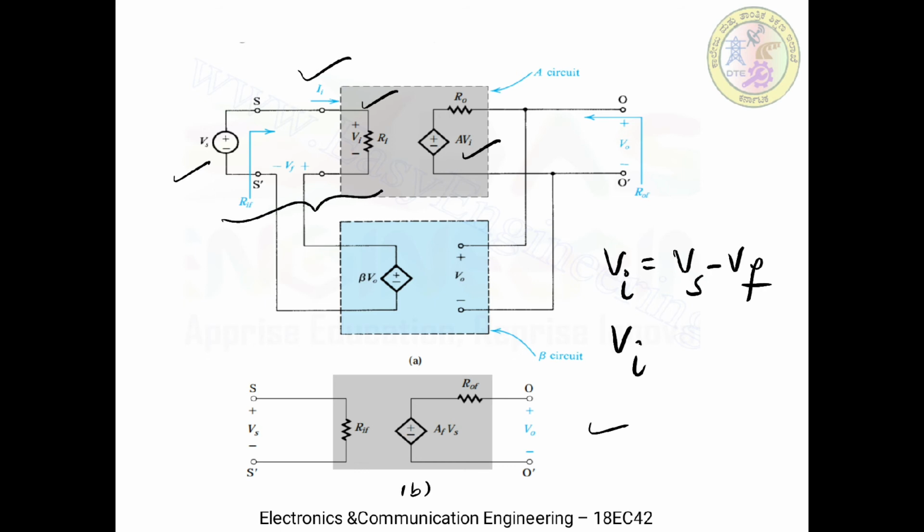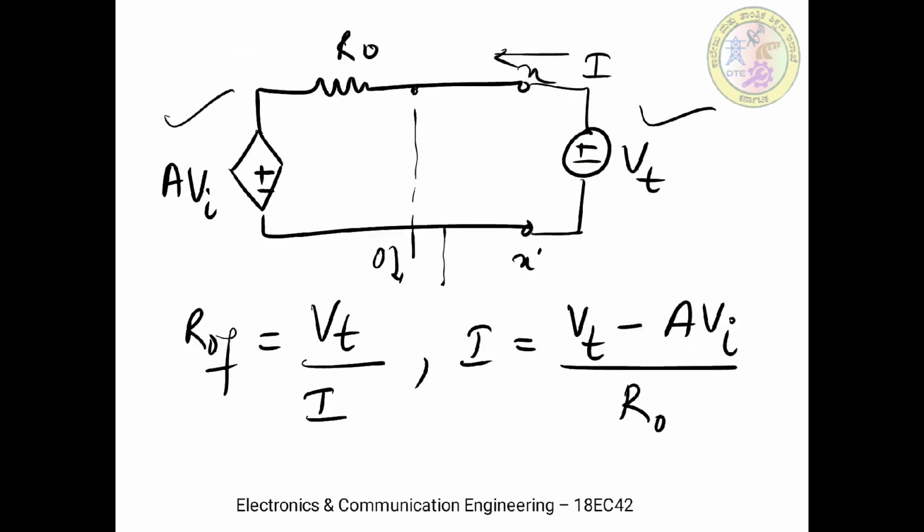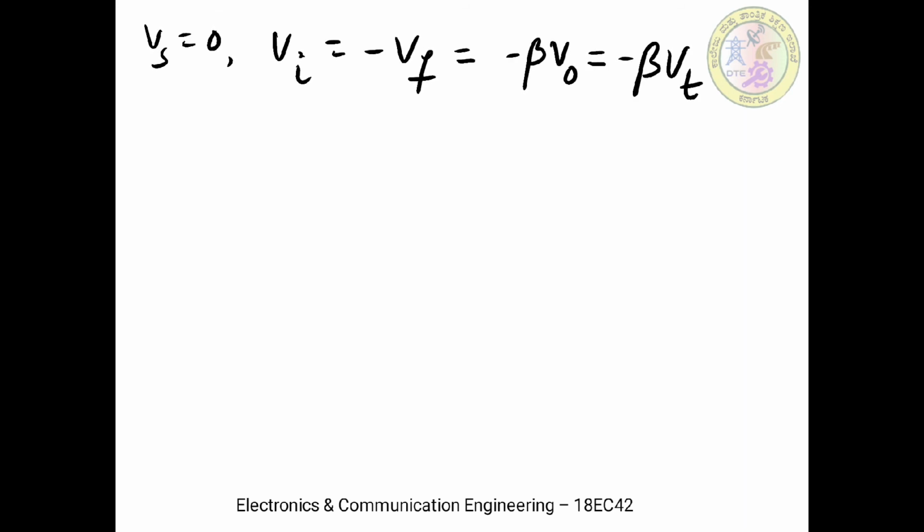As Vs is equal to 0, Vi will be simply equal to minus Vf. But what is Vf? It's the feedback voltage, so beta into V naught. But what is V naught here? Our test signal, that is Vt.